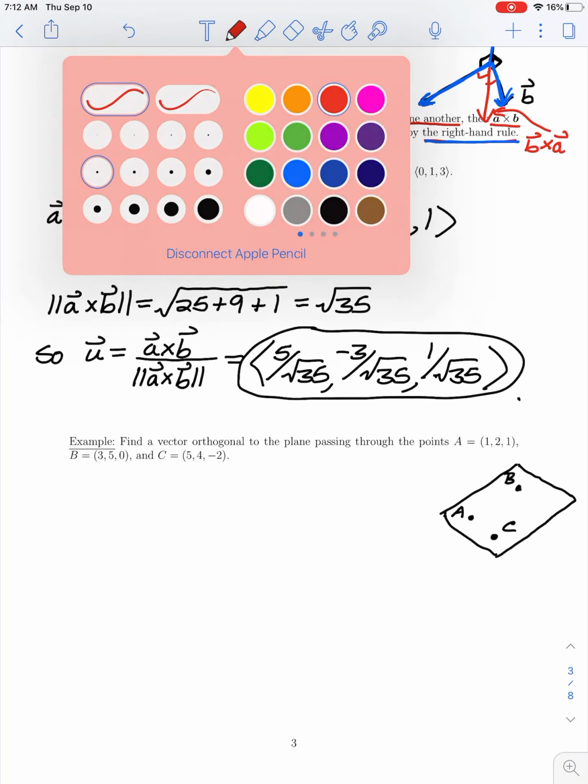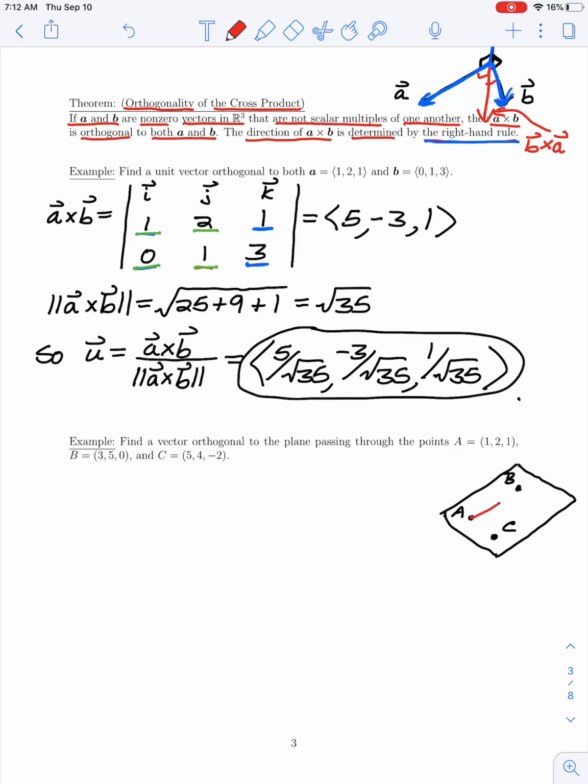So for instance, if I were to work with the vector whose representation is from point A to point B, and I took the vector whose representation was from point A to point C, let's call these AB and AC. If I take the cross product of those 2 vectors, I would get a vector which is orthogonal to both of these vectors. And since both of those vectors lie in the plane, I would have a vector which is orthogonal to that plane itself.